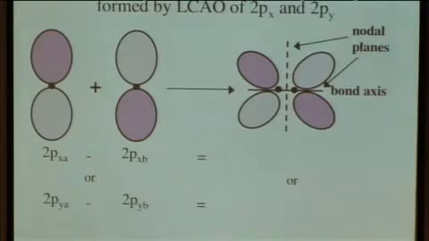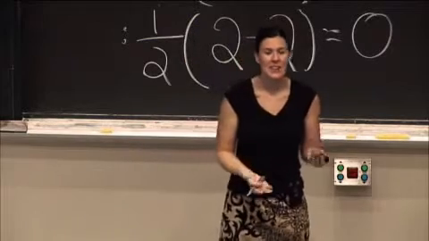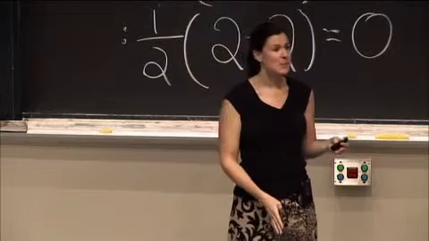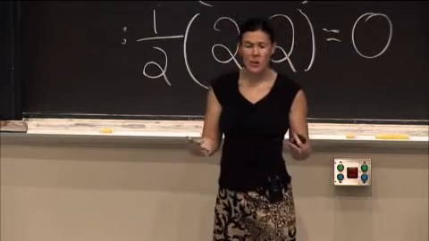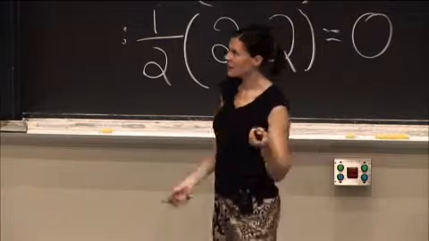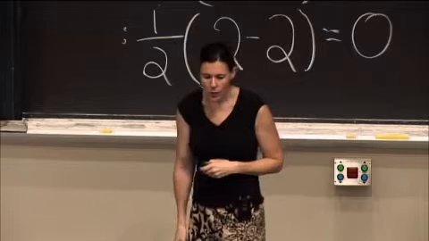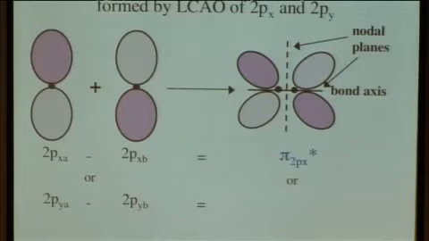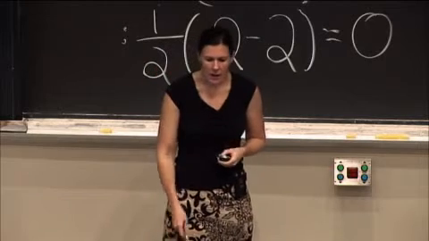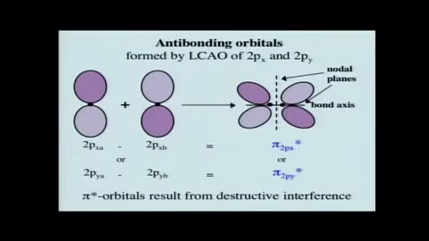So again, this is an anti-bonding orbital, and what you see is that there is now less electron density between the two nuclei than there was when you had non-bonding. So we're going to call this the pi 2px star, and if we're talking about the 2py orbitals, the pi 2py star. And the pi star orbitals result any time you have destructive interference from two p orbitals that are either the px or the py.